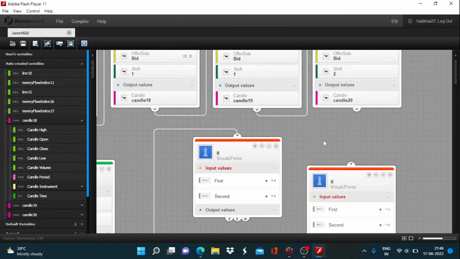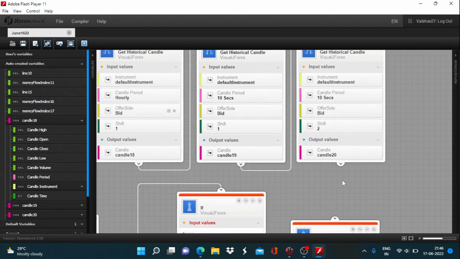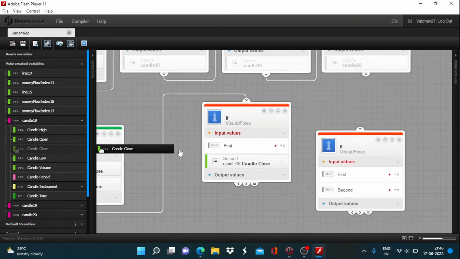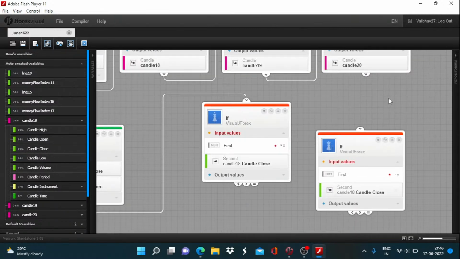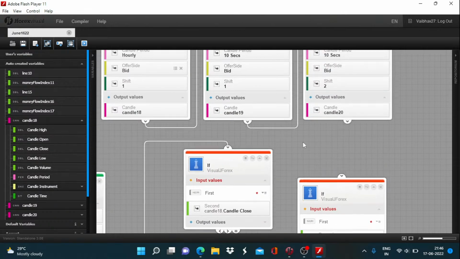So for that, we are going to compare these two 10-second candles closing prices with the last 1 hour's closing price. Last 1 hour's candle, which is candle 18's closing price. Both of these if blocks, and then we compare it with candle 19 candle close and candle 20 candle close.